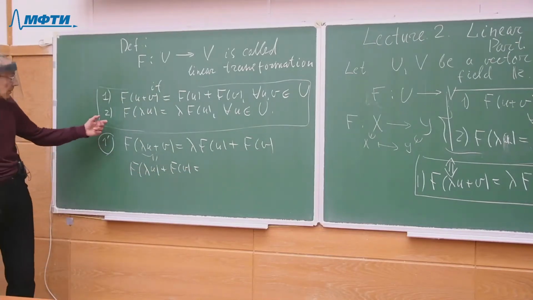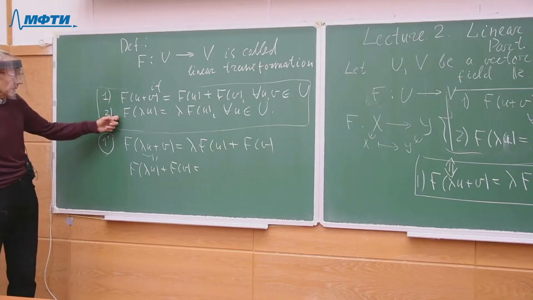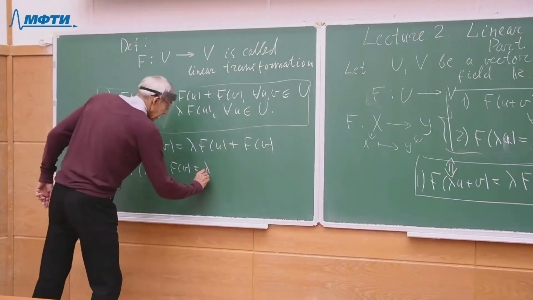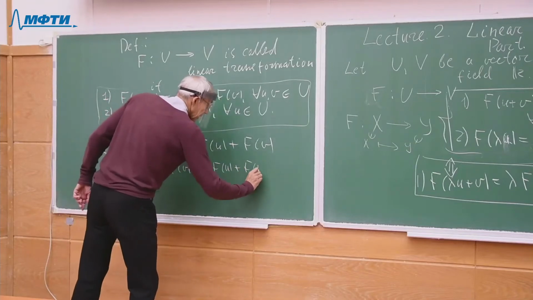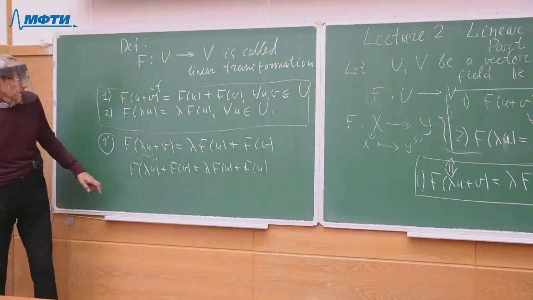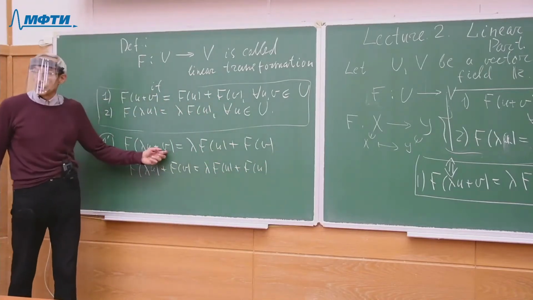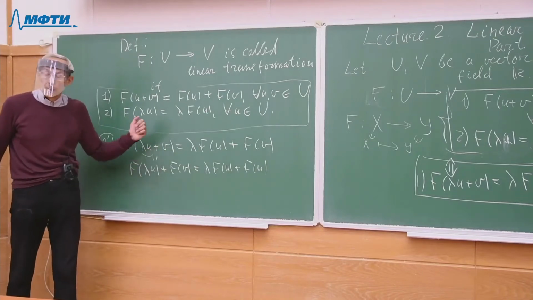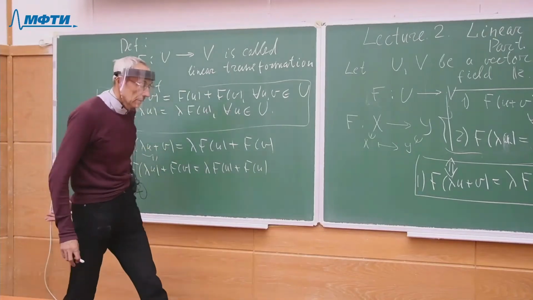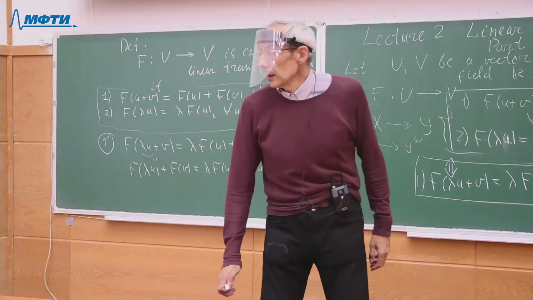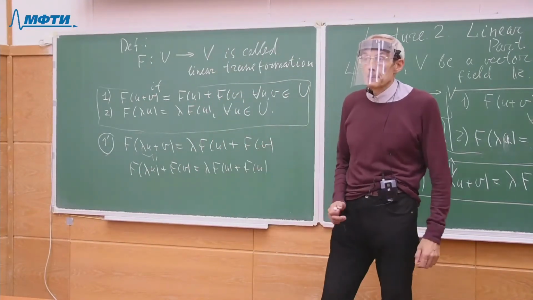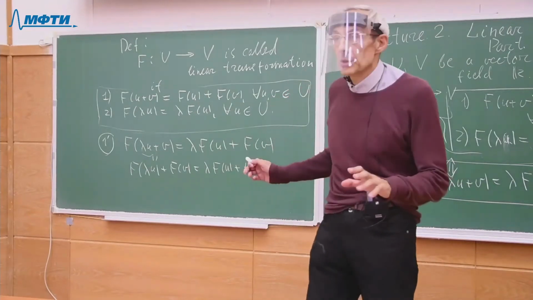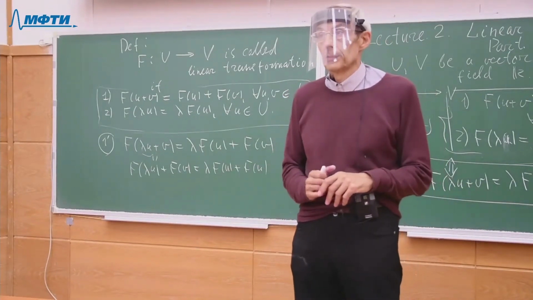And after that, we can use the second property and obtain the final expression. And this property is proved. And we have two equivalent ways to describe the linear transformation. Maybe any question about the definition?